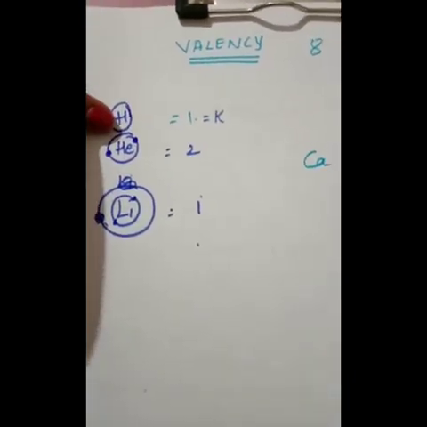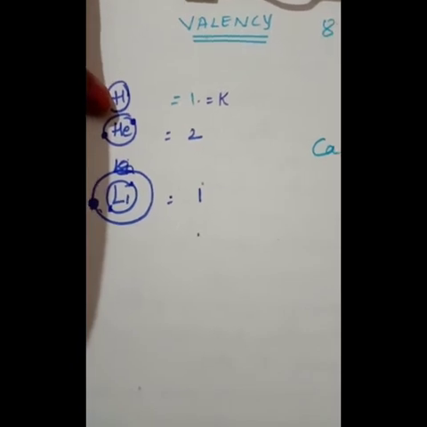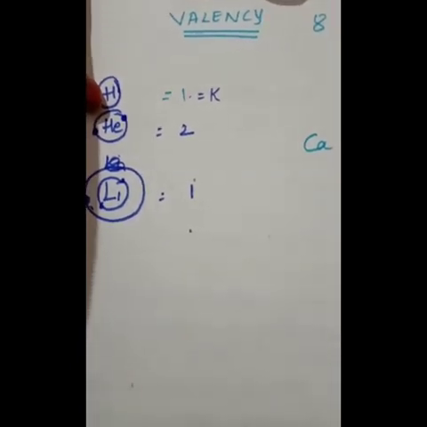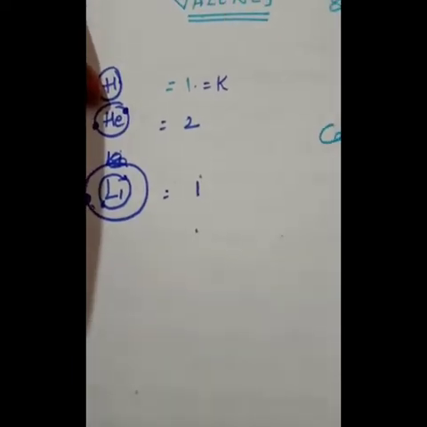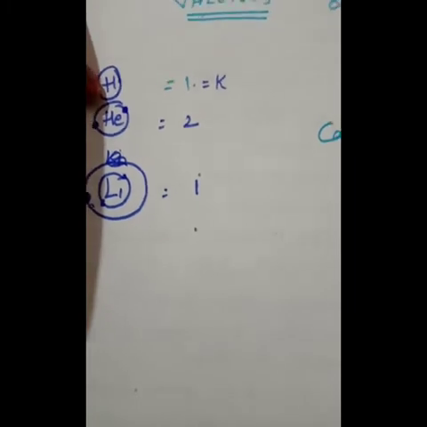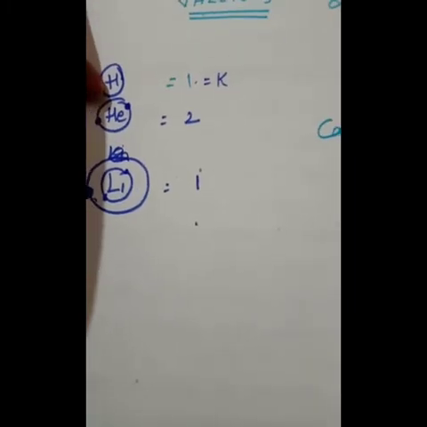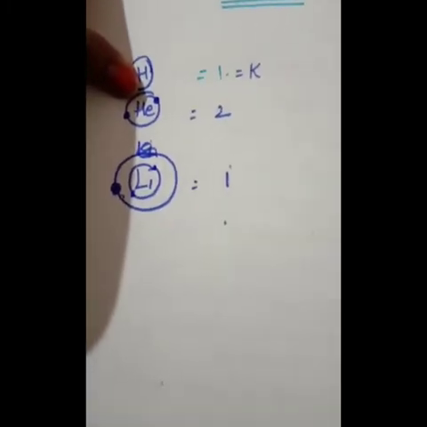It was observed that atoms of elements having a completely filled outermost shell show only little chemical activity. In other words, their combining capacity or valency will be 0.